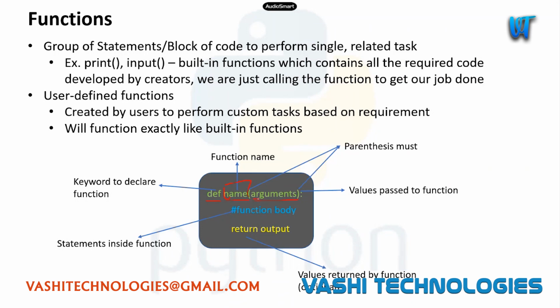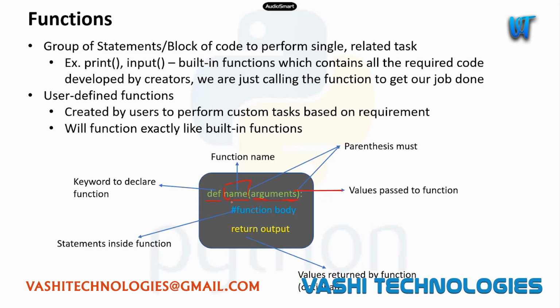If you are not expecting any input to the function, you can directly give empty brackets. Just remember the parentheses are a must for a function definition. The arguments are nothing but the values which are passed to the function. We'll see how to use those arguments in the coming slides.